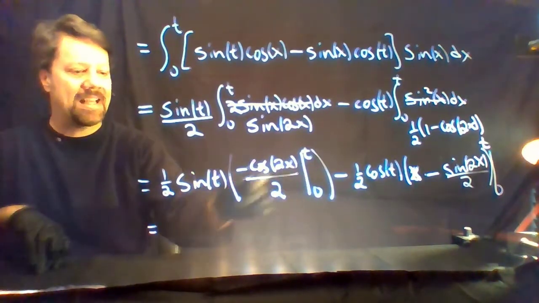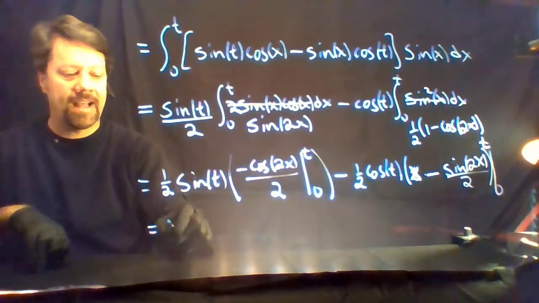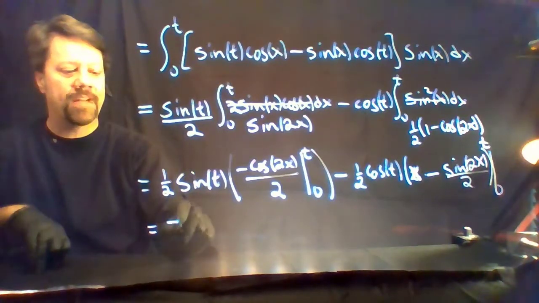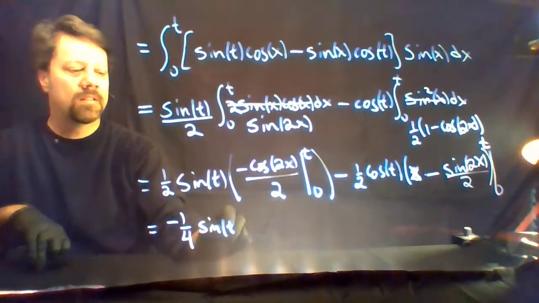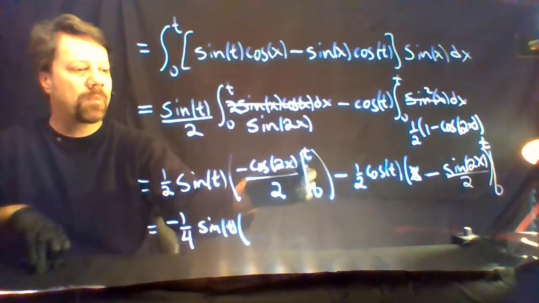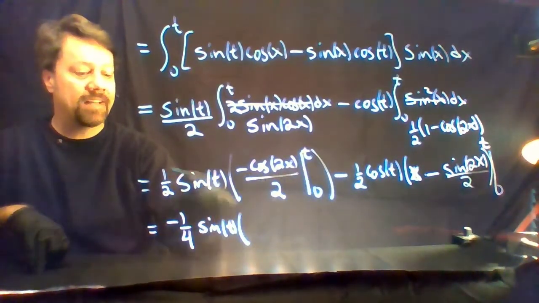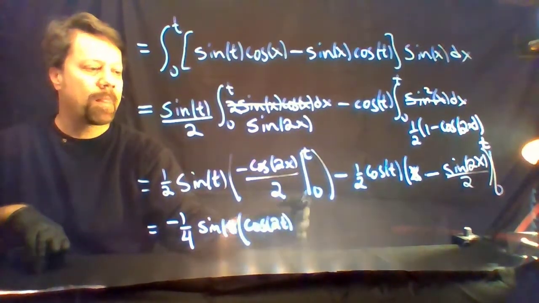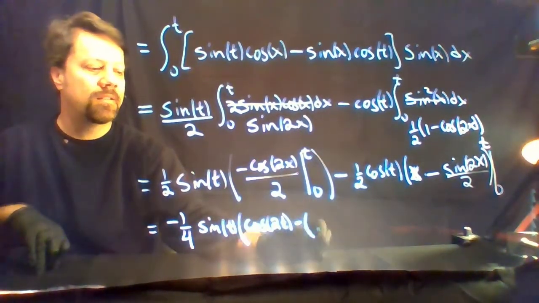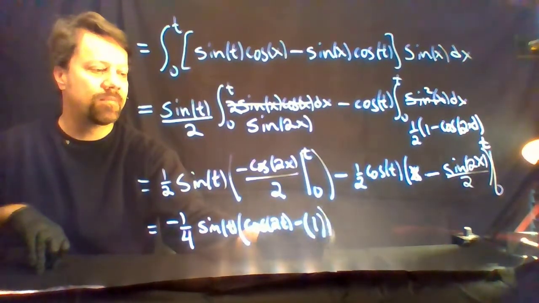Plugging in t, this 1/2 can be moved out, this negative can be moved out. We'll have negative 1/4 sine of t. When we plug in t, then with the negative 1/2 removed, we'll have cosine of 2t minus cosine of 0, which is 1.